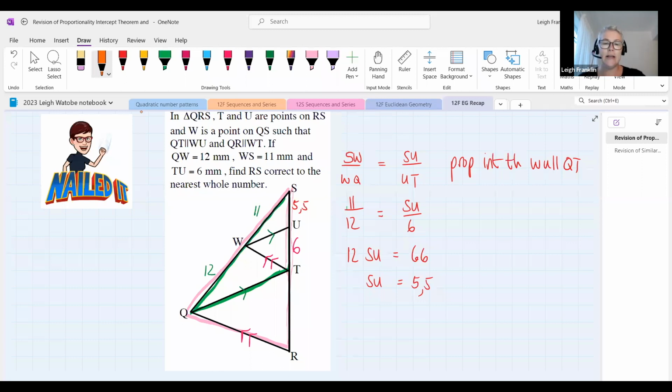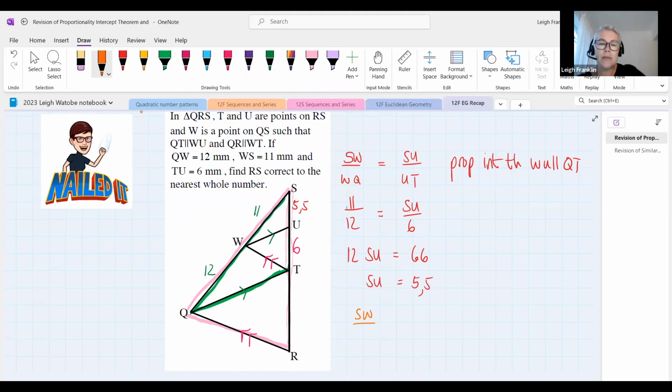Go for it, Andile, please. Since we're using the triangle QSR, we can say SW over, can we use the 5,5 plus 6 to make it? Absolutely, we can. So make your statement first and then substitute.